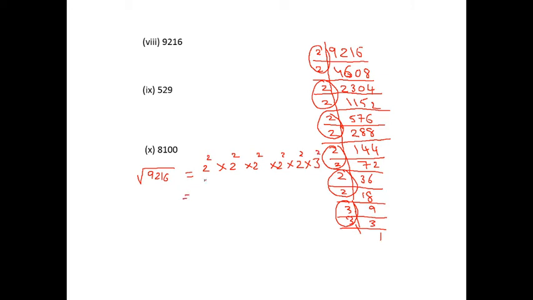So these powers should be removed: 2 into 2 into 2 into 2 into 2 into 3. 2 2 is 4, 2 is 8, 2 is 16, 2 is 32, 32 into 3 is 96. So the square root of 9216 is 96.